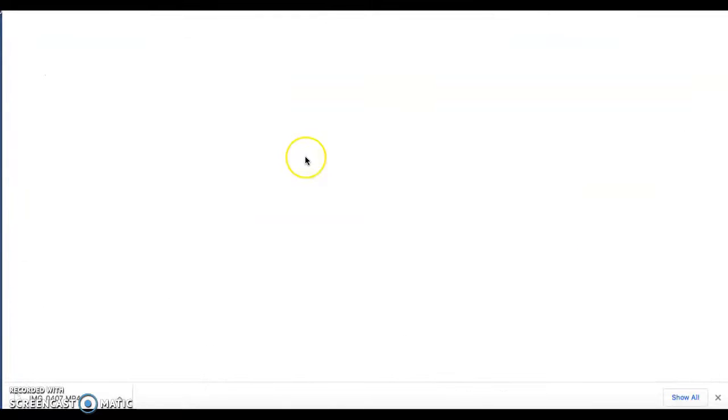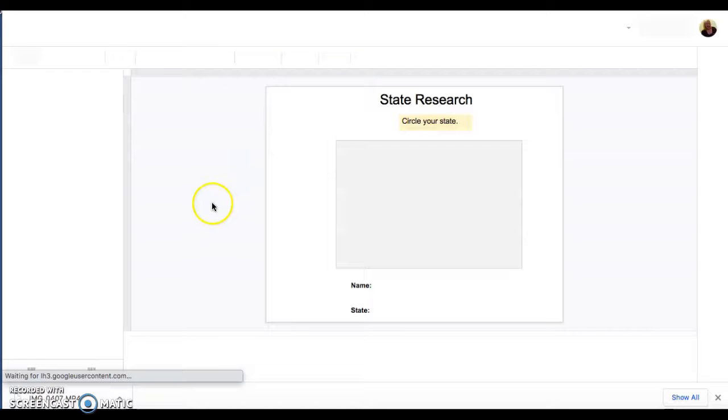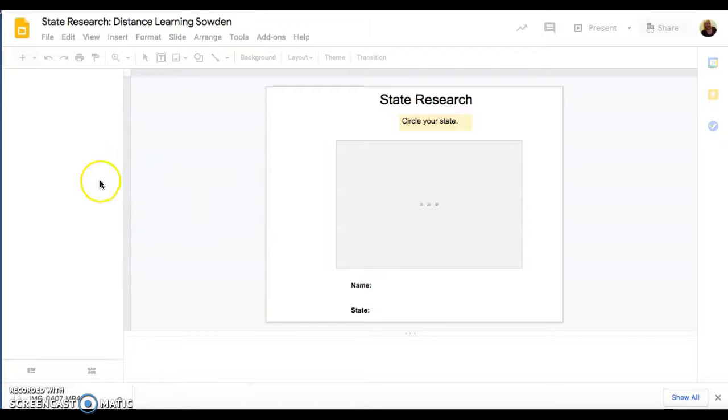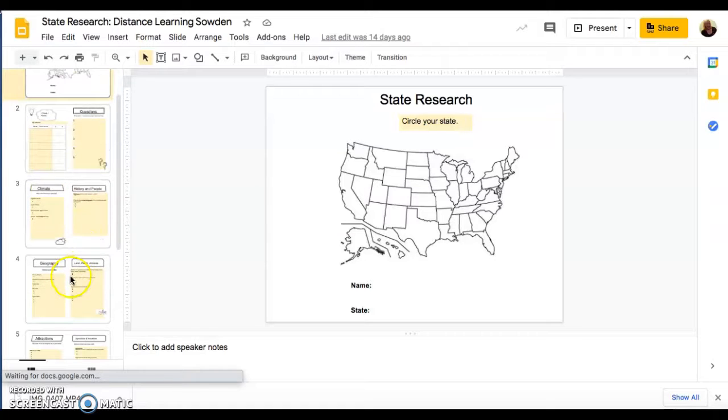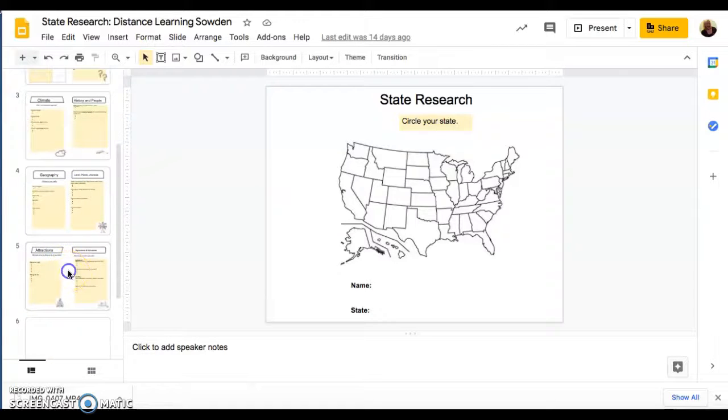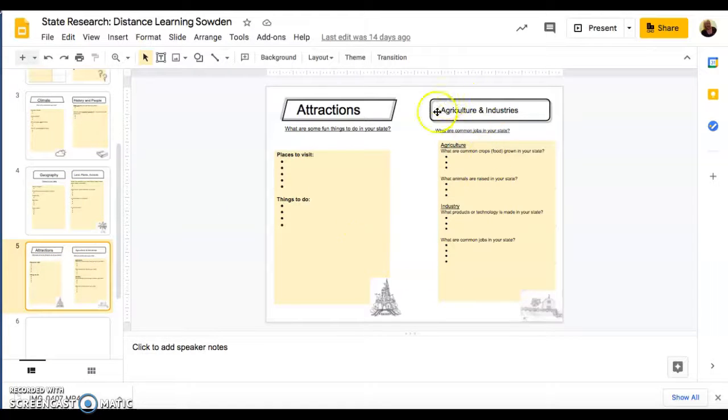Here we go. So this one's a blank one. And we are going to be looking at industries and agriculture right here.